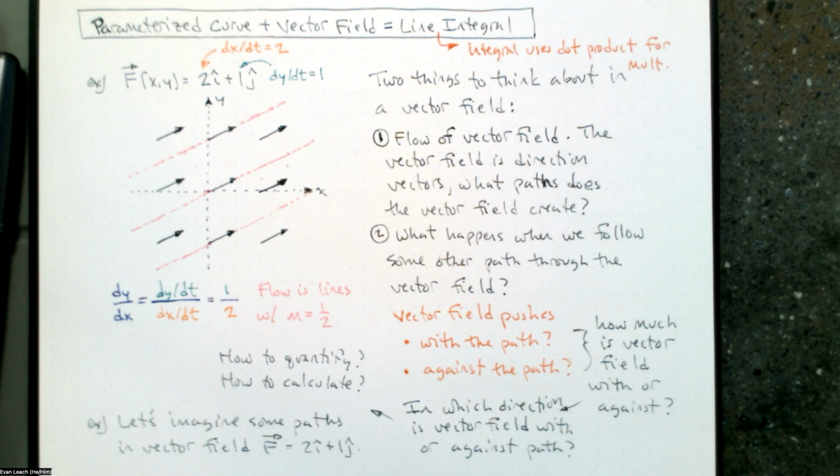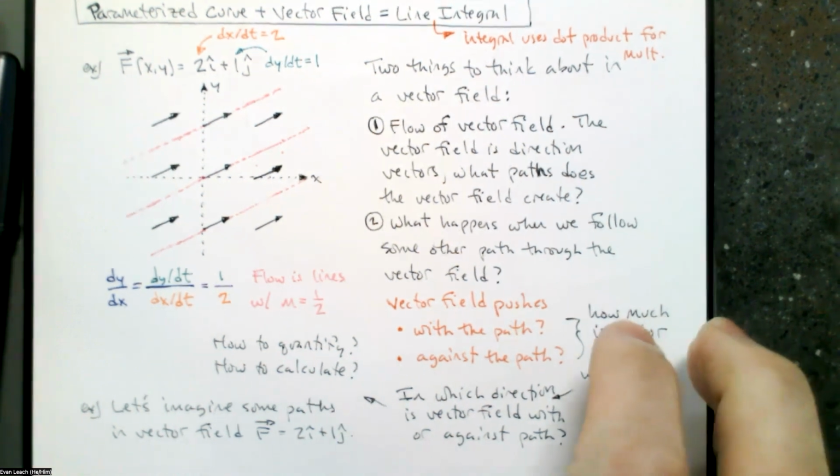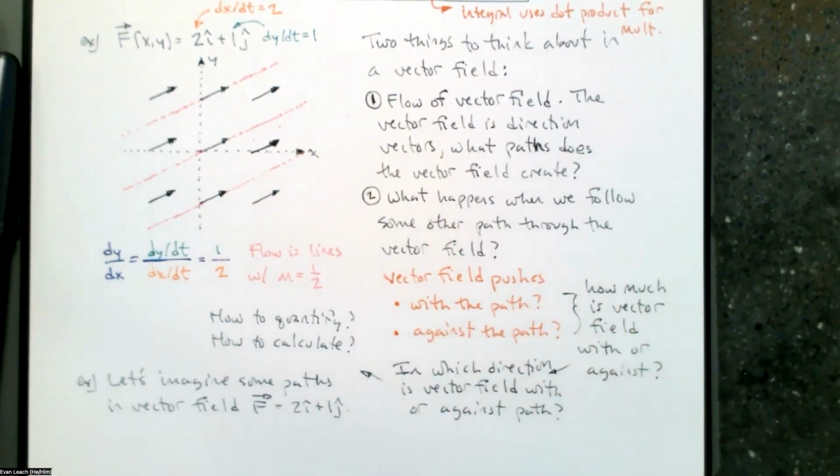Nice constant vector field. Always start with something simple. Let's start with the easiest path. Let's start with a path that just goes with the flow.